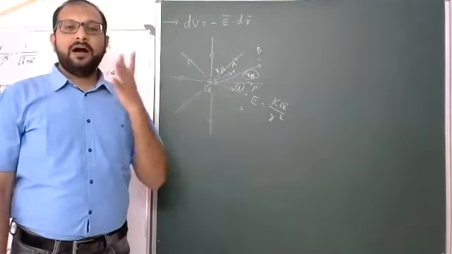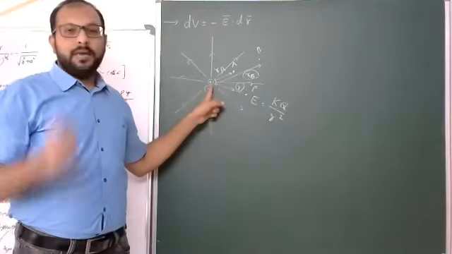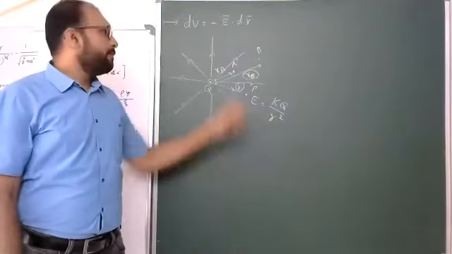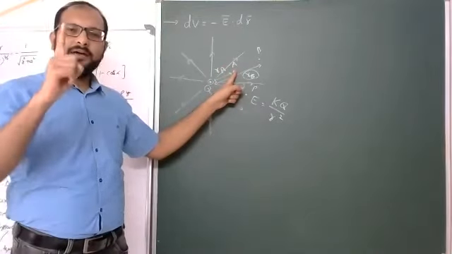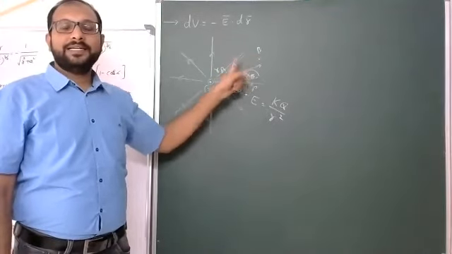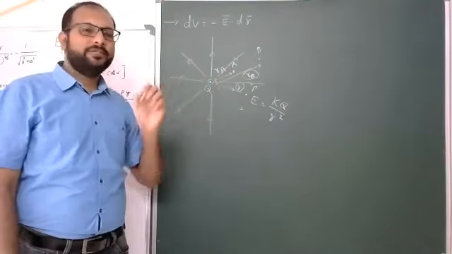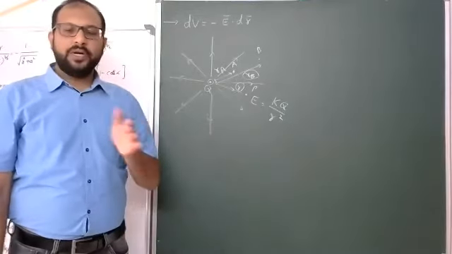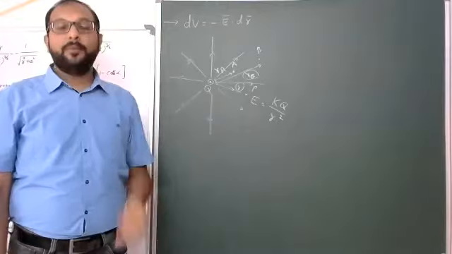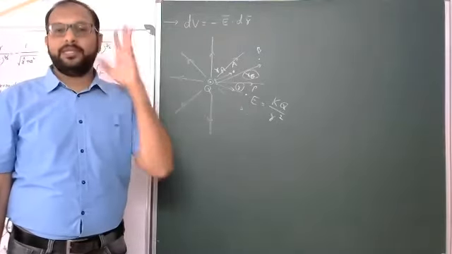In the vicinity of our positive point charge, I have taken two points. Point A is at a distance of RA from the point charge, and another point B is at a distance RB from the point charge. In between these two points, the potential difference is our target now.